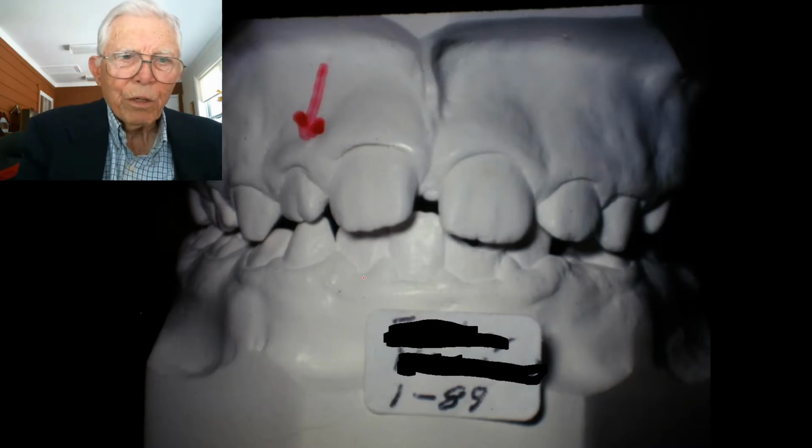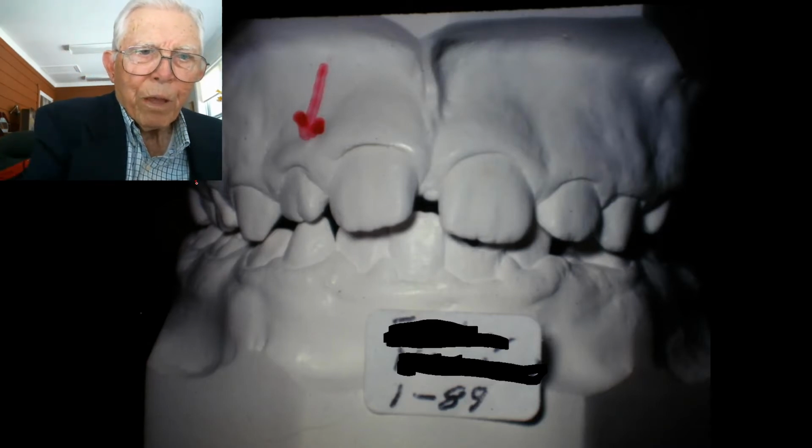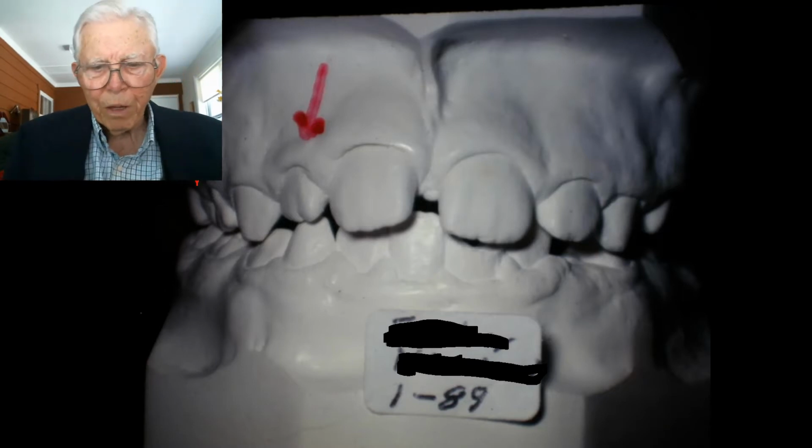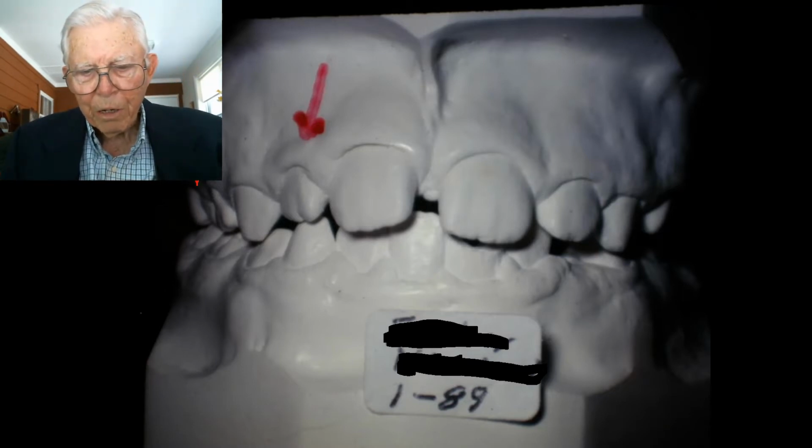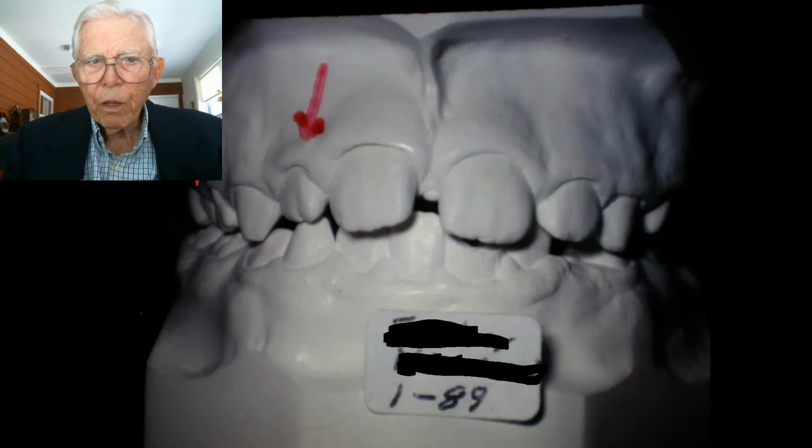It was over on this side of the mouth, back here where it was erupting, and it had come forward and it already moved the teeth. The deciduous tooth is completely gone.